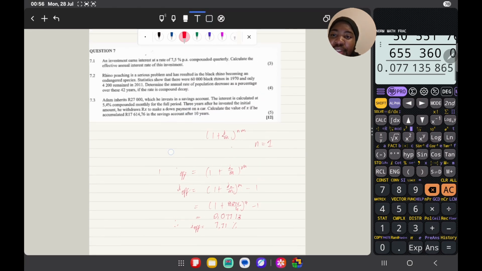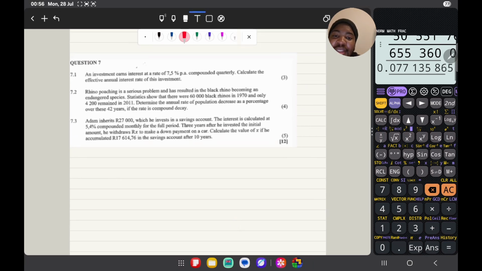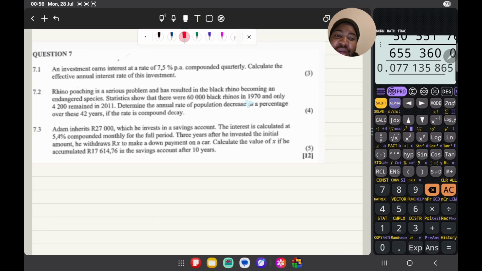So the second question, they say rhino poaching is a serious problem, of course, and has resulted in the black rhino becoming an endangered species. Statistics show that there were 60,000 black rhinos in the 1970s and only 4,200 remaining in 2011.